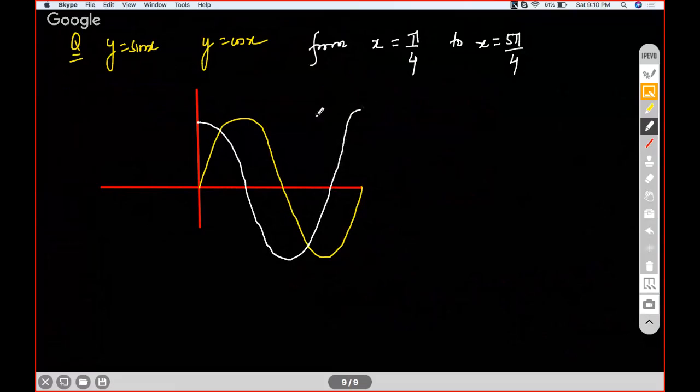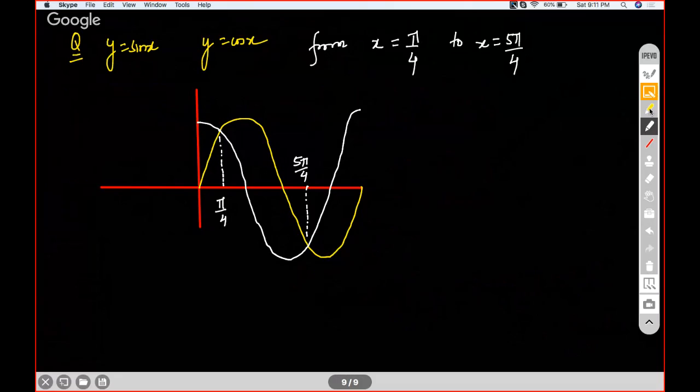Pi by 4, of course, will be this point, and 5 pi by 4 will be this point. So you want the area between these two curves in these two zones.